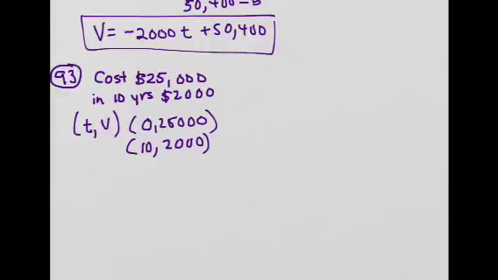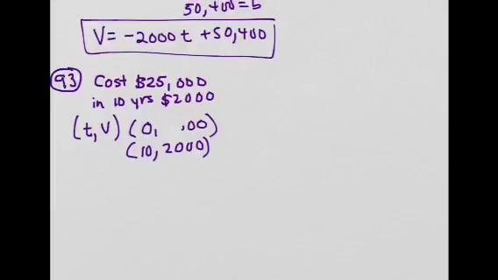Okay? Let me make that a bit clearer, because I know it doesn't look very clear. So we're going to get a slope from this, which is going to help us get the equation that we're looking for.